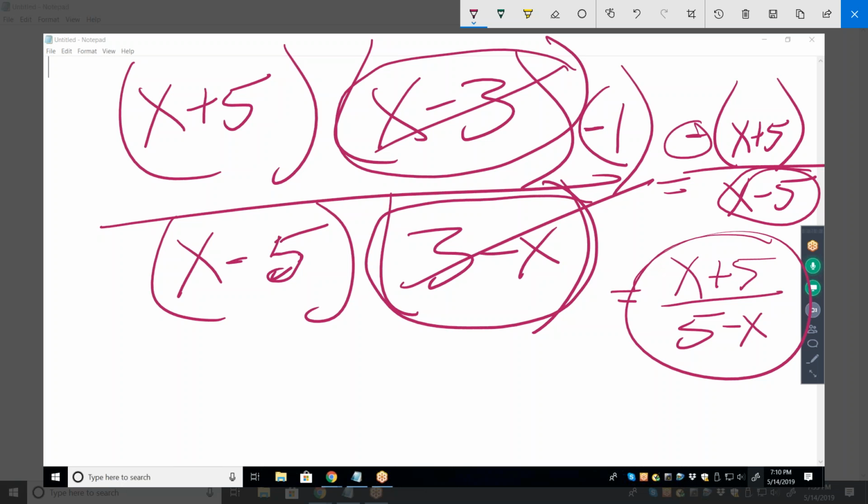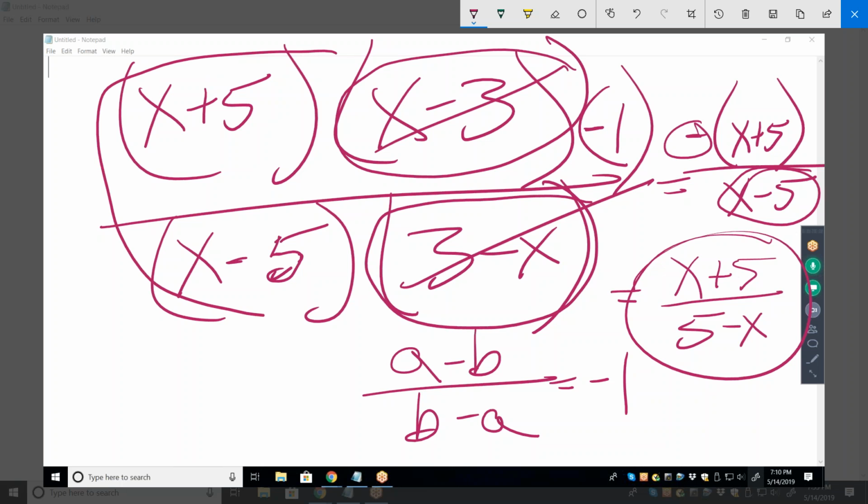There's nothing I can do with x plus 5 over 5 minus x. You can do something with a minus b over b minus a. That is always equal to minus 1, no matter what a and b are. But that's it. It has to be subtraction and they have to be in the opposite order. You can't do anything with x plus 5 over x minus 5. They're not both subtraction.